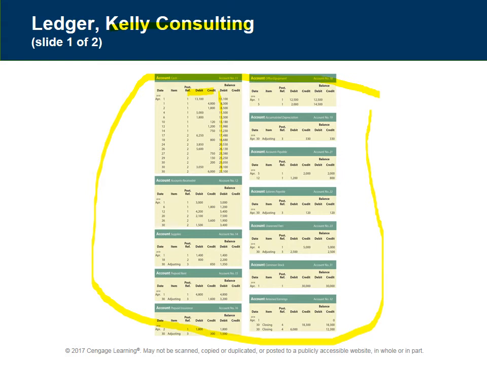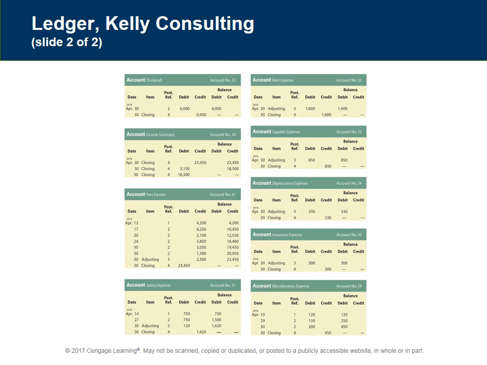As an example, if a manager comes in and wants to know where did this transaction come from, we can go to the post reference number 2, we can find this journal entry on page number 2, and we can find out from this accounts receivable, which has a specific account number, where it came from. We can go back and trace it to the journal for transactions and for our adjusting entries. More ledgers.